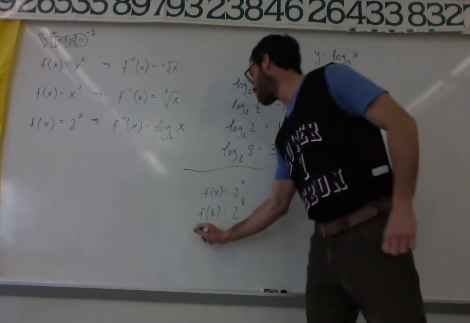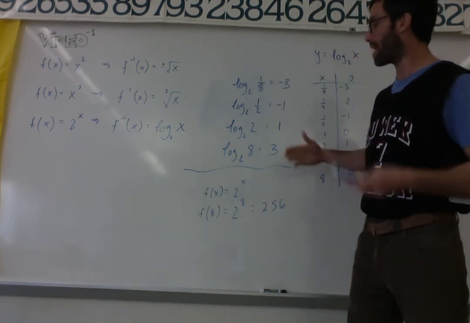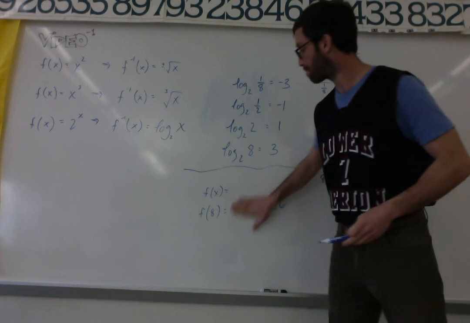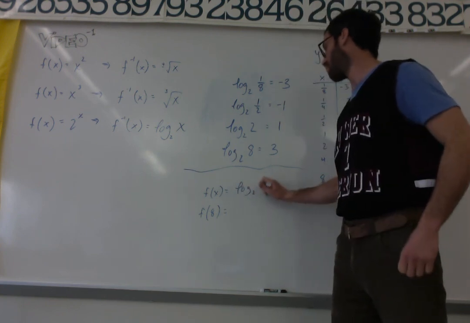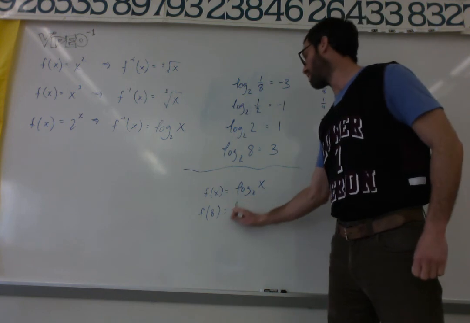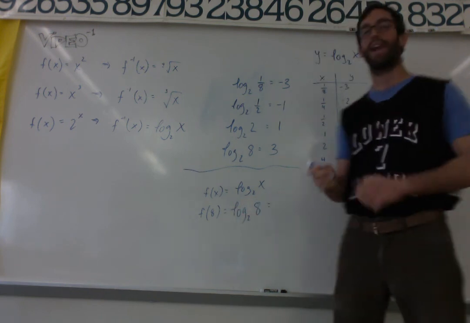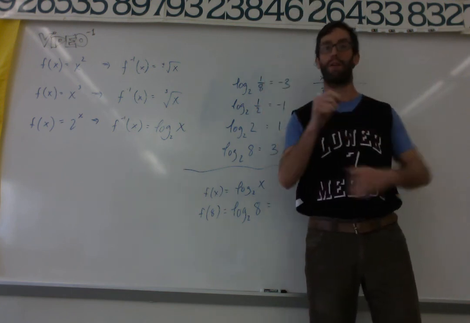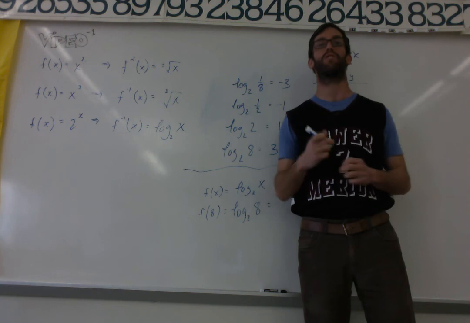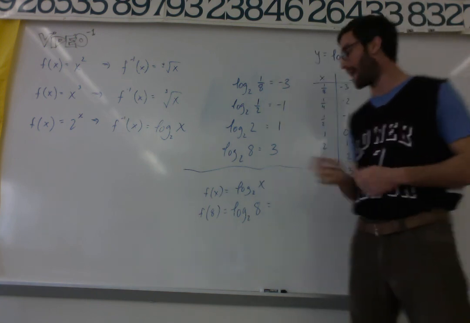But with the function f of x equals log base 2 of x, we're doing log base 2 of 8. And what that means is not 2 to the 8th power is what, but 2 to what power is 8, right? We're talking about inverses, so we interchange what we're looking for. The answer is 3.